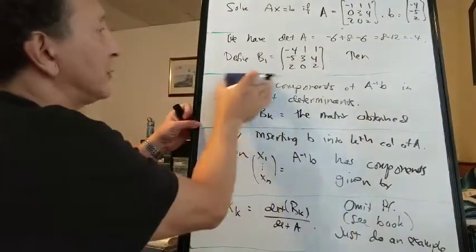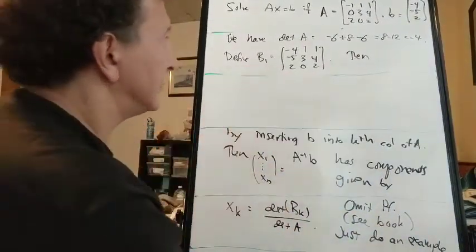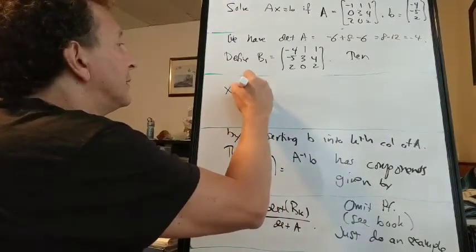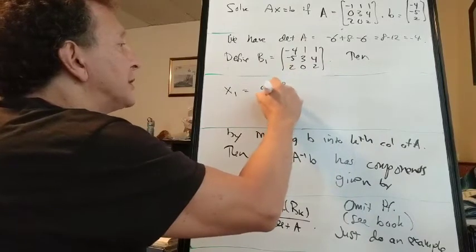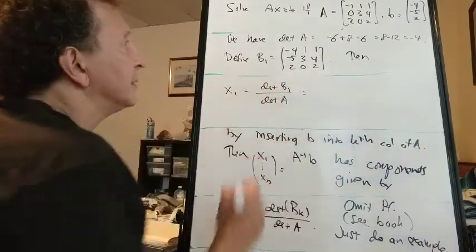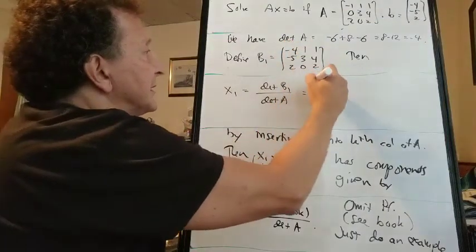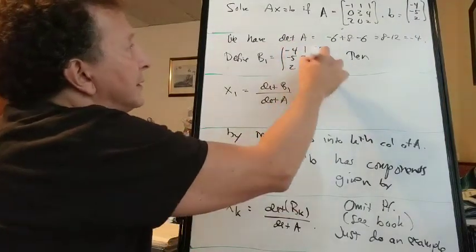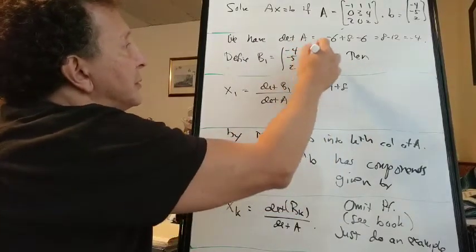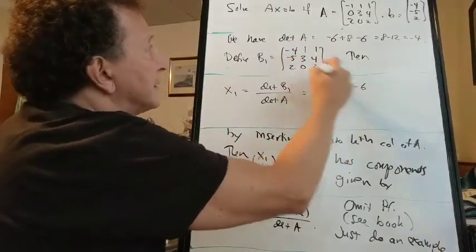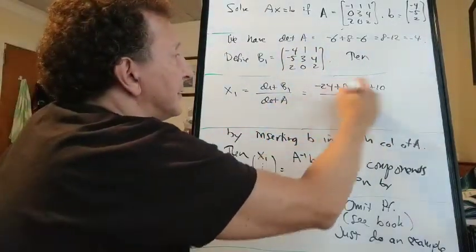So then x1, the first component of our solution, is determinant of B1 over determinant of A, which is negative 4 times 6, which is negative 24, plus 8, plus 0, minus 6, minus 0, minus negative 10, plus 10.